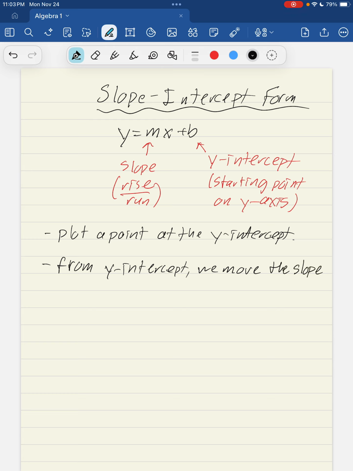Remember, that's your rise over run. And we plot a second point. After that, we just draw a straight line between the two, and we are done.